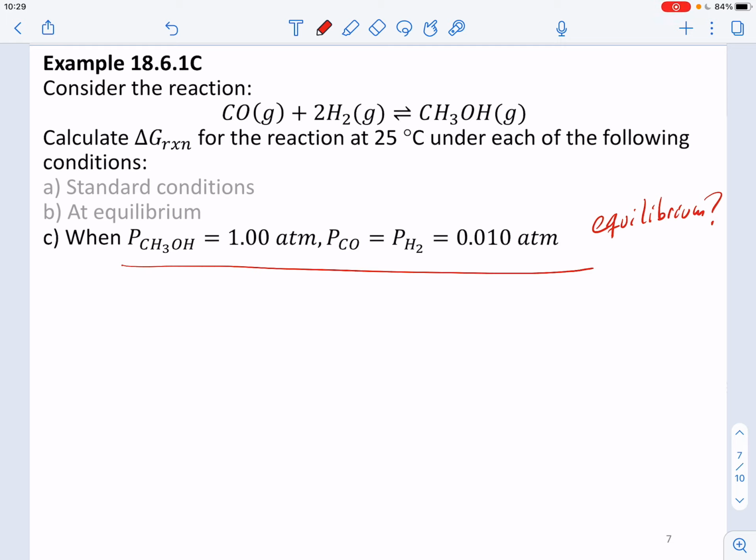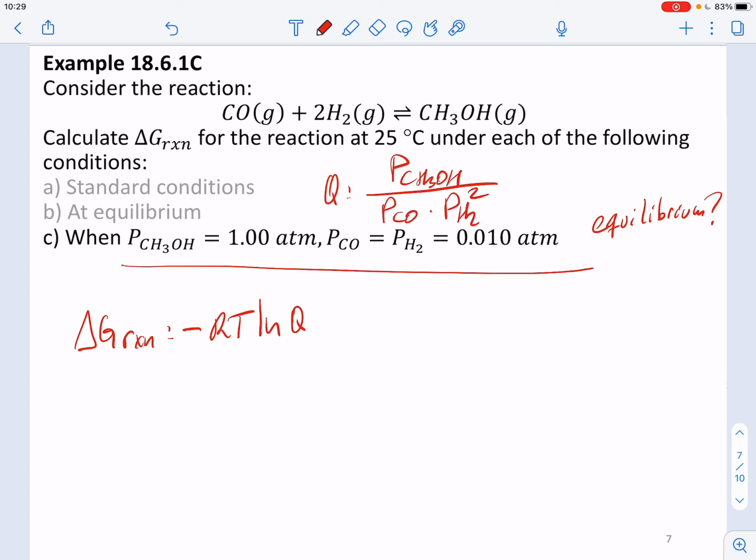So instead of saying that we are going to use K, because we don't have K in this case anymore, then we say delta G of reaction is going to be equal to minus RT logarithm of Q. And what's Q here? Q is going to be the pressure of methanol divided by the pressure of carbon monoxide times the pressure of hydrogen squared. Okay, we have a 2 in front of the hydrogen, so you have to square that pressure.